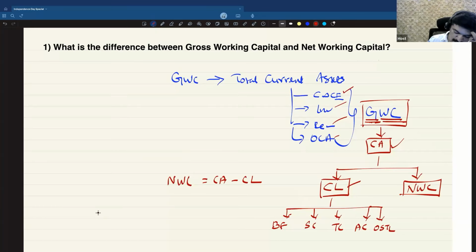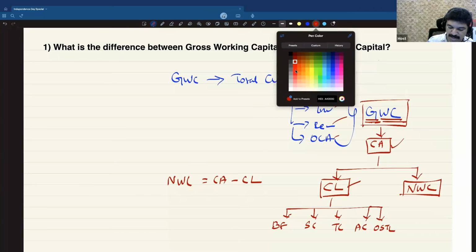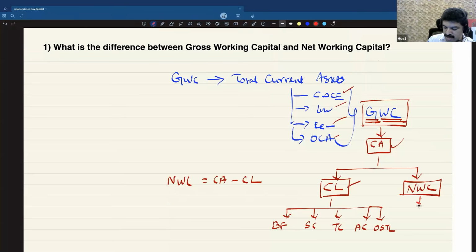Current asset minus current liability is called net working capital. On various occasions, I have seen current asset minus current liability called working capital. No, it is called net working capital, and net working capital basically represents the long-term funds that are coming for building the current assets.